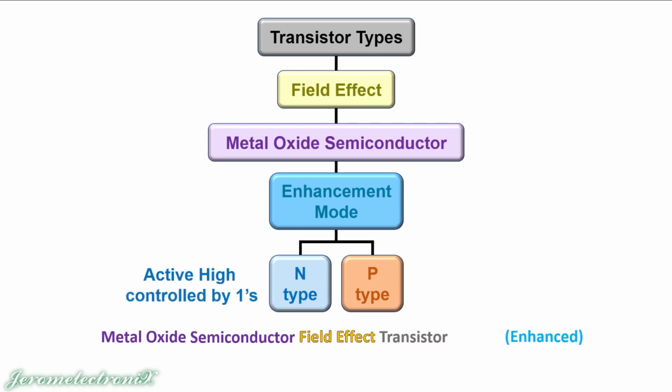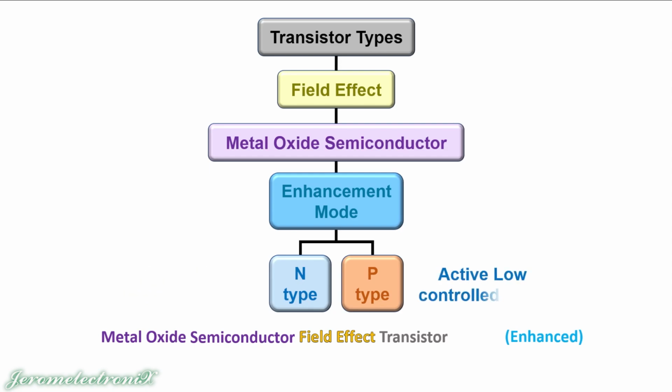So active high means it's controlled by ones, and that's the N type, and active low means it's controlled by zeros, and that is the P type. And so we're going to be talking first about the N type. But if you are a designer of transistors and you're making some kind of a controller out of transistors, and you're connecting all of these transistors together, and your assistant Larry is handing you transistors, every time you need a new one, you have to say, "Hey, Larry, please hand me another metal oxide semiconductor field effect transistor, N-type, please.